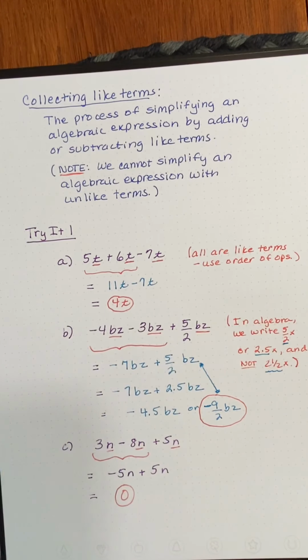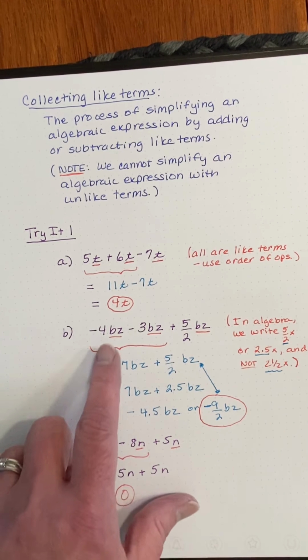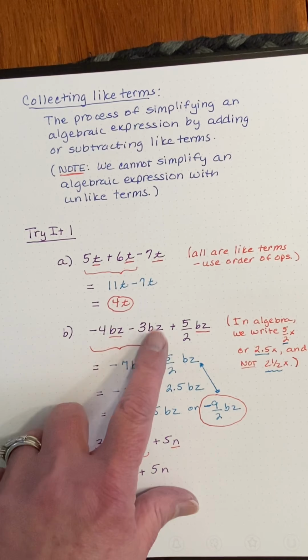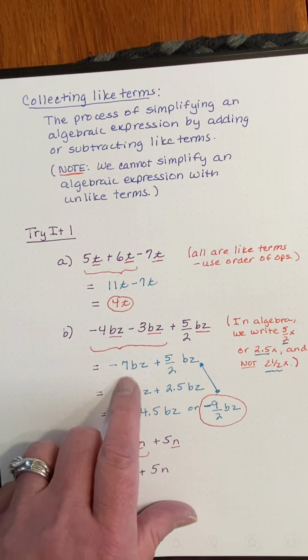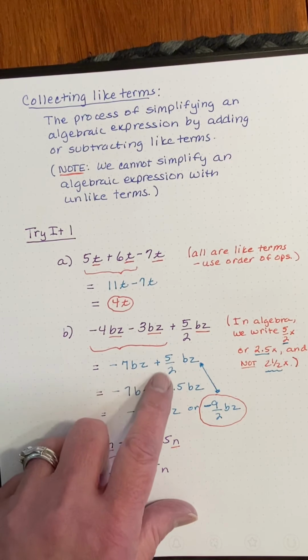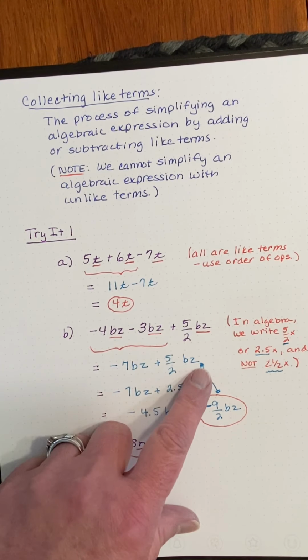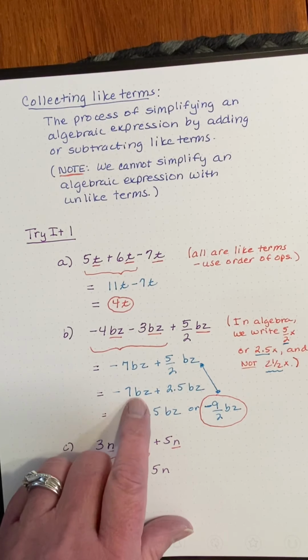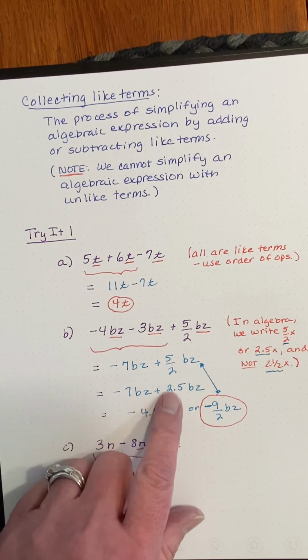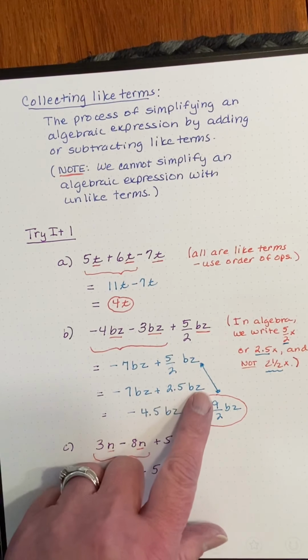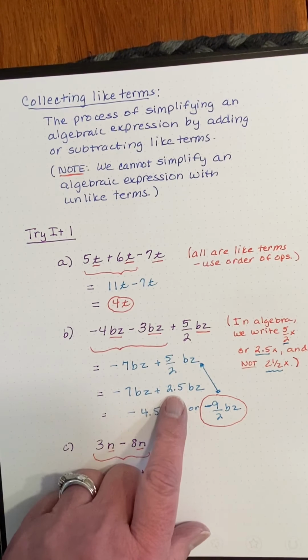Again, because it's subtracting and adding, we work from left to right because they're on equal par with each other. So negative 4bz and negative 3bz, we end up adding the opposite, combining the negatives. So we have a negative 7bz plus 5 halves bz. Negative 7bz, I switched it to a decimal because it's easier to add, and it's 2.5bz when I do that.